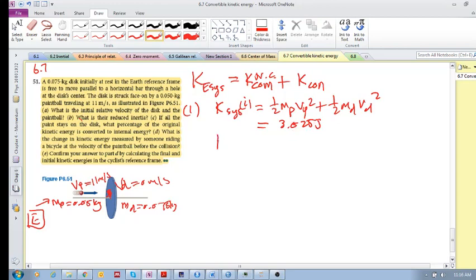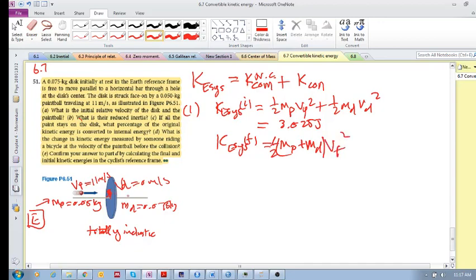Then let's calculate the system kinetic energy in the Earth reference frame, final. We know that the paintball smashes into the disc and then these two objects begin to move together. It says if all the paint stays on the disc, so that now becomes a totally inelastic collision, which means the inertias are added together: half total inertia, v final squared.